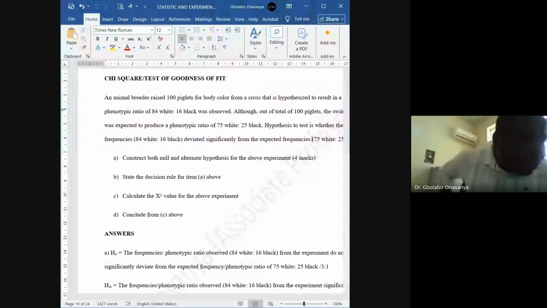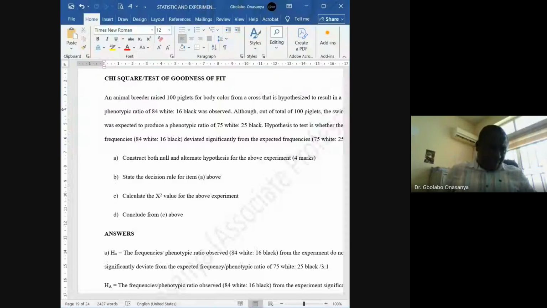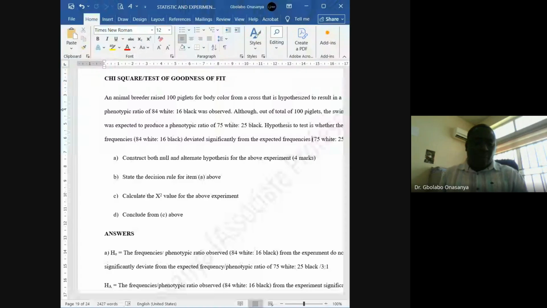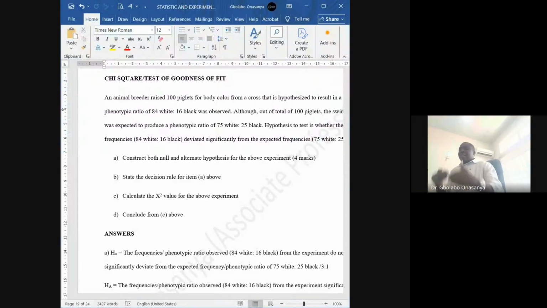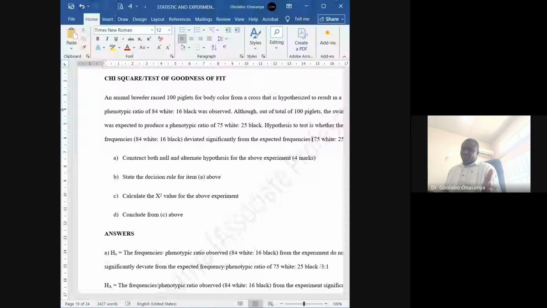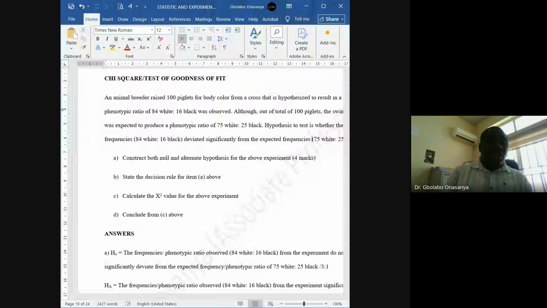Now, what I'm saying is this. We need chi-square to test whether the data is fit, meaning that nothing happens to the data. If there is a discrepancy, it's just a discrepancy. That's what chi-square does. If there are discrepancies, it will tell us. If there's no discrepancy, it will tell us.